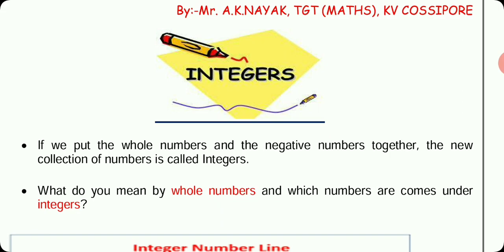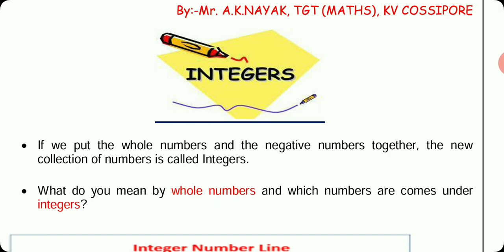Whole numbers are all the natural numbers along with 0. Natural numbers means 1, 2, 3, 4, 5, 6 and so on; there is no end, in thousands, lakhs, crores, 10 crores, 1000 crores like this. Then along with 0, when we combine the numbers, they are called whole numbers.